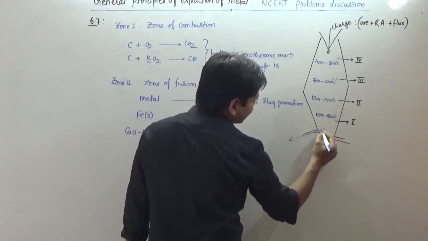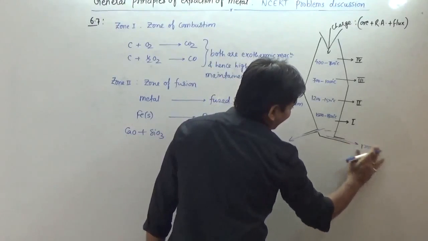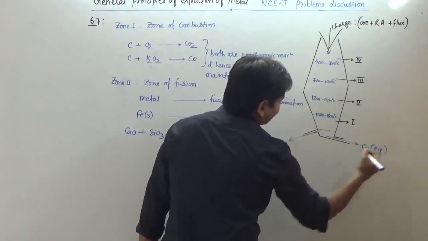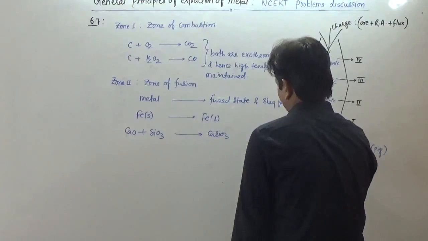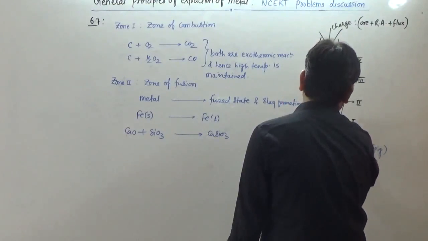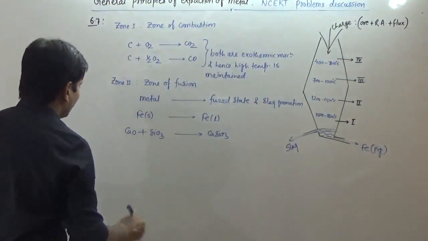Slag is lighter, so it is on the upper side, and the metal, iron, is below. This is called pig iron, as extracted from the blast furnace. Molten metal is present here, and slag is present on the upper side of the metal.